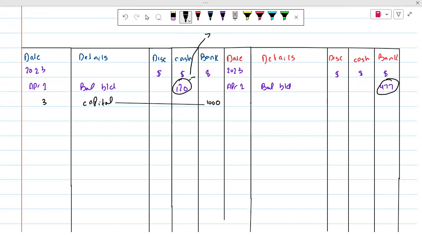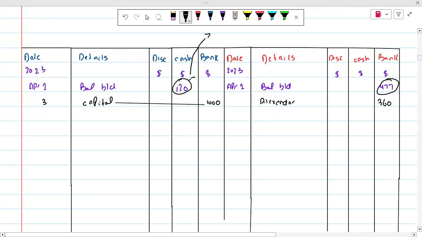Our bank is decreasing by $360 because we have paid $360 to Alexander, and the supplier is decreasing as well, so we use the supplier reference in the cash book.